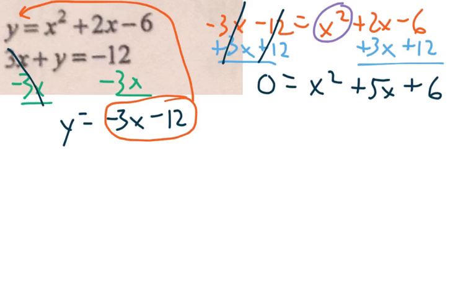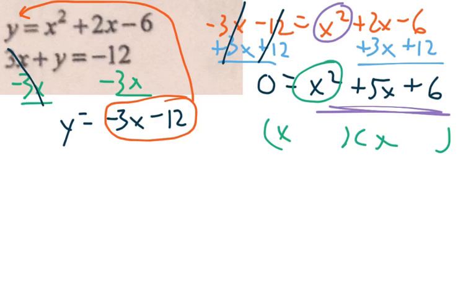Now, we have a quadratic here, ladies and gentlemen. And you should know there are two main ways you can solve this. You can always use the quadratic formula, I repeat, you can always use the quadratic formula, but try to always factor. Let's see here. If I do x times x, that's x squared.